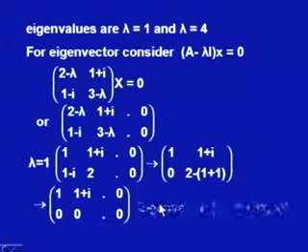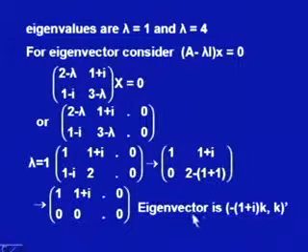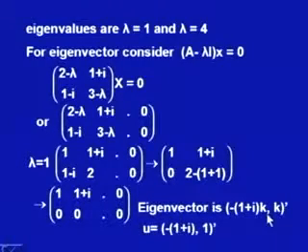That means we can have the eigenvector of the given matrix as (minus 1 plus i)k, k, where k is an arbitrary value. This is an eigenvector corresponding to lambda equal to 1, and when we write k equal to 1, the eigenvector u becomes (minus 1 plus i, 1) transpose. So, u is a column vector which is an eigenvector corresponding to lambda equal to 1.